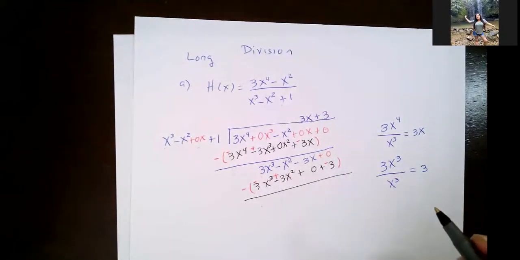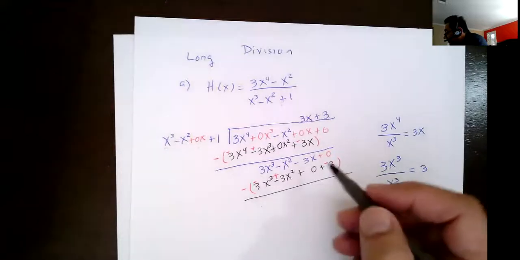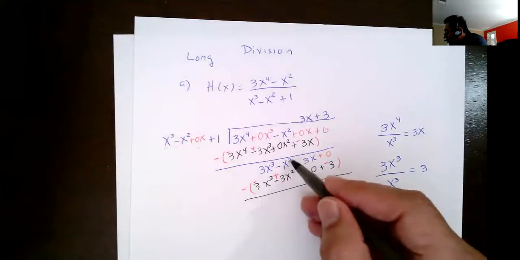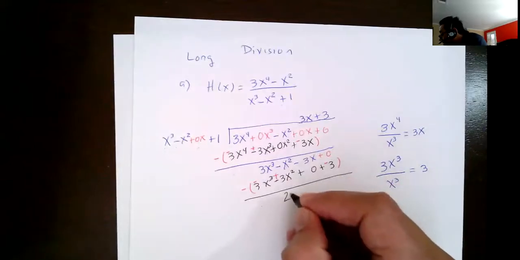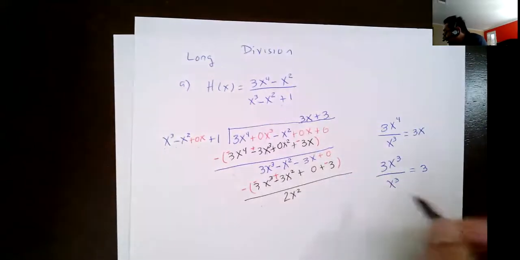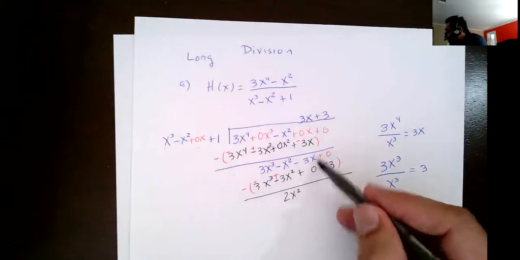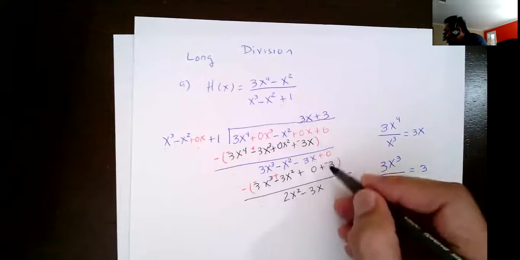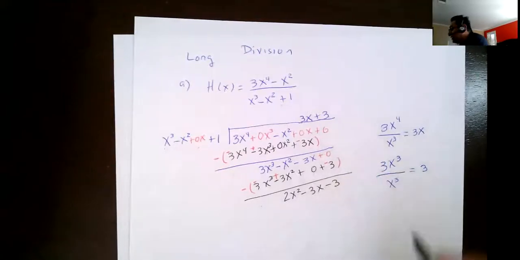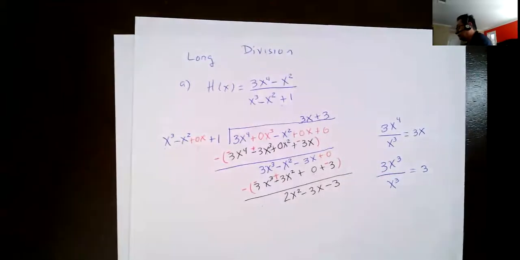Oh yes, it is minus 3. So negative x squared plus 3x squared is positive 2x squared. Here we have negative 3x plus 0, bring down the negative 3x. And here would be 0 minus 3, that would be negative 3. That would be the remainder.